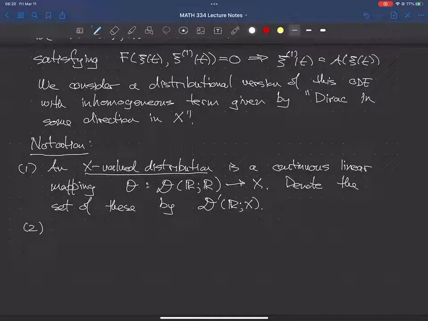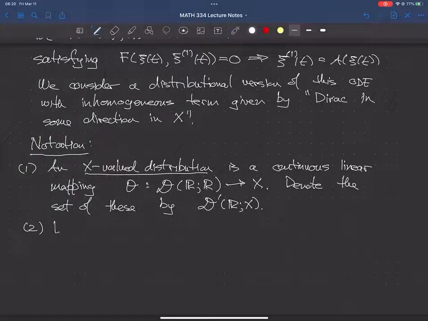The next thing we need to talk about is this idea that I mentioned up here of a Dirac in some direction. Generally speaking, you can talk about some scalar distribution in a direction, and we have just some funny notation for that.